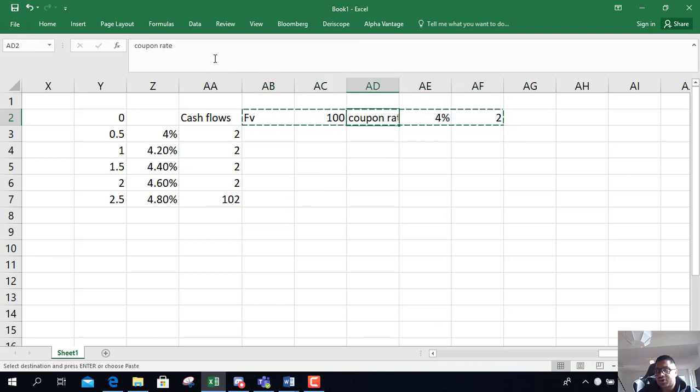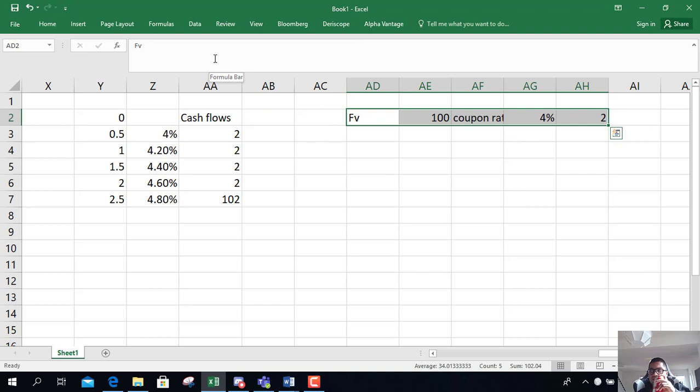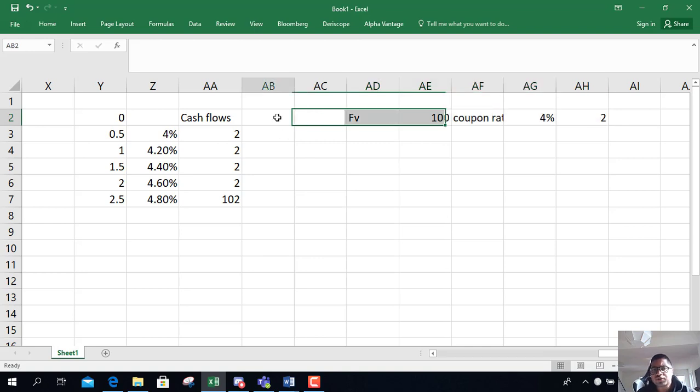Now they are asking you what the bond price is right now. How do you find the bond price? The bond price is always the present value. So you have to find the present value at continuous compounding. How do you do it?